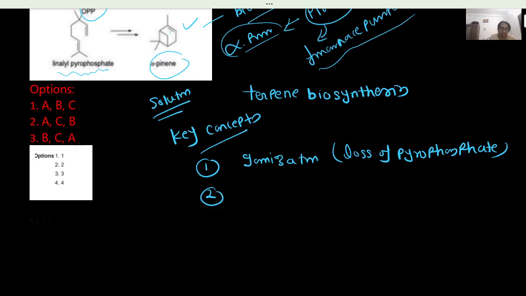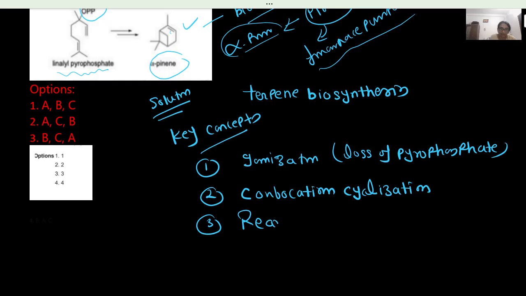Second is carbocation cyclization. Third is rearrangement, that means further ring formation.